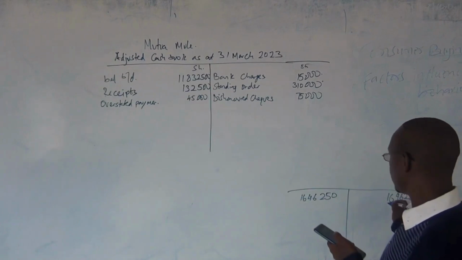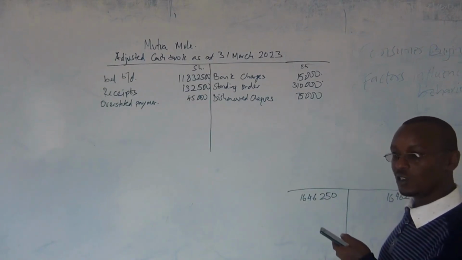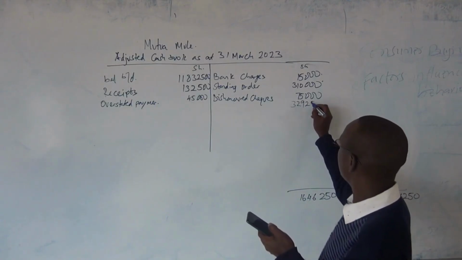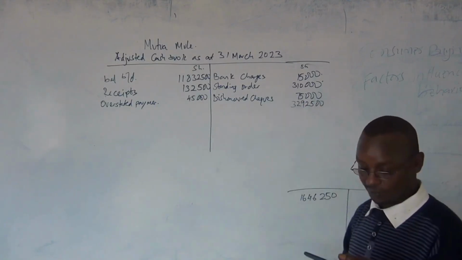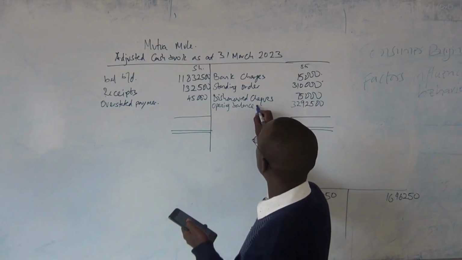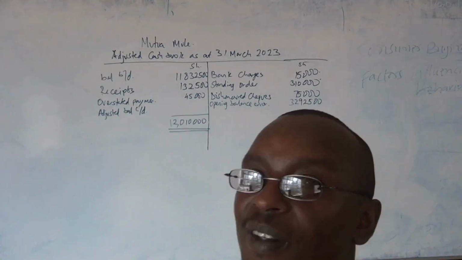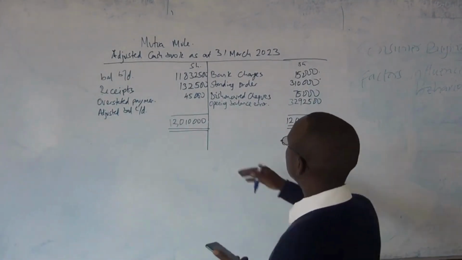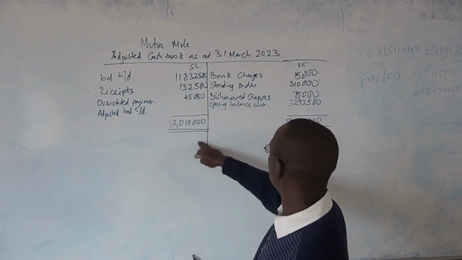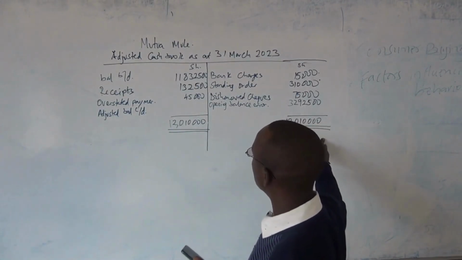So you have to put it twice so that it remains effective. 92,500, and that is it. Opening balance error. So the total here is 12,010,000. Put it on both sides.